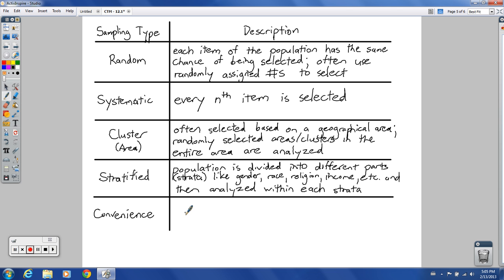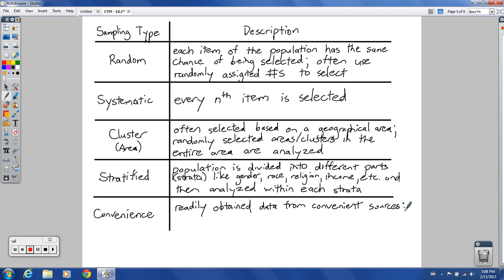And finally, a convenience sample. This one I would say is the least reliable sample, but it's readily obtained data from convenient sources. But just because it's convenient doesn't mean that it's a good sample.